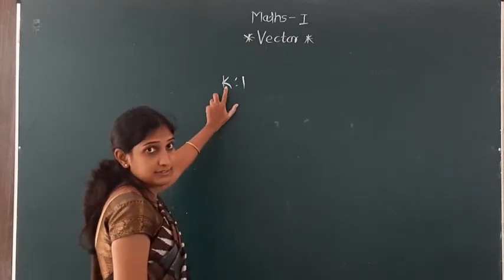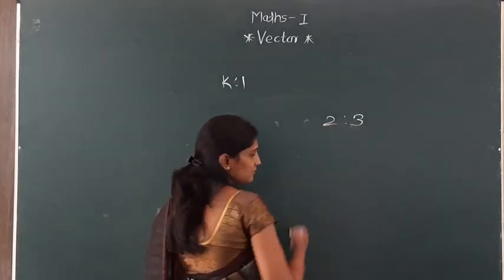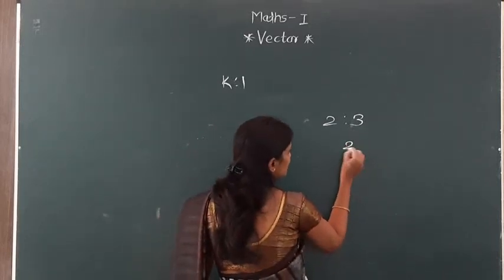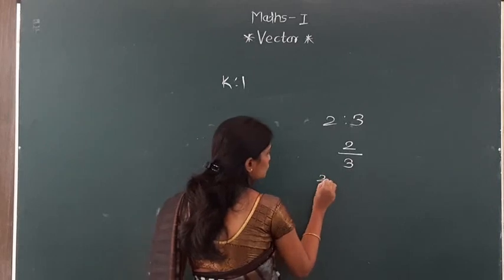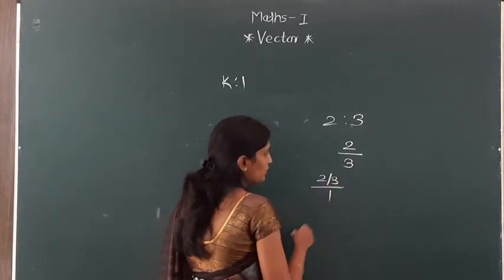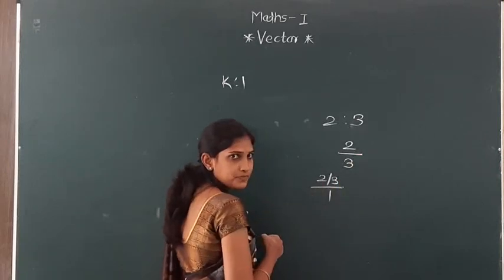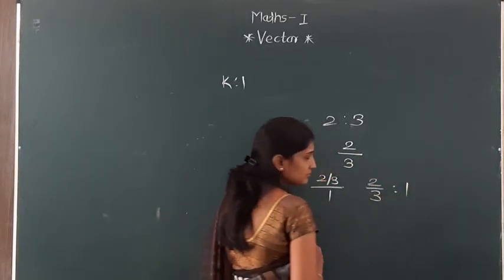Why do we take it as k is to 1? If there is a ratio 2 is to 3, then in division form it is 2 by 3. So it is also 2 by 3 upon 1 form. This and this term are also the same. 2 by 3 upon 1 is similar to 2 by 3 is to 1.